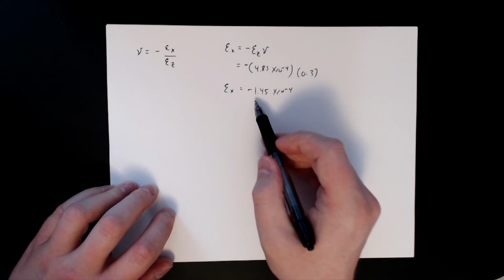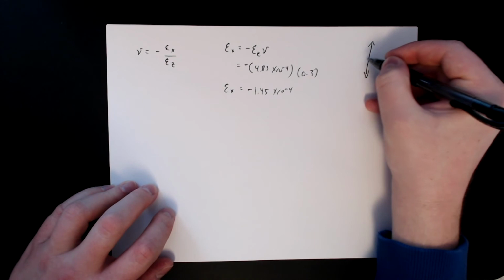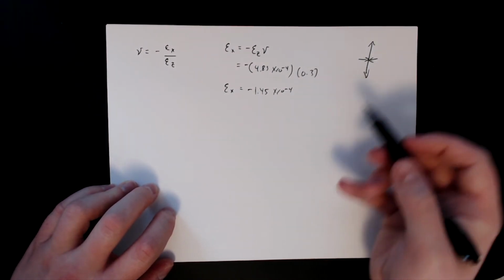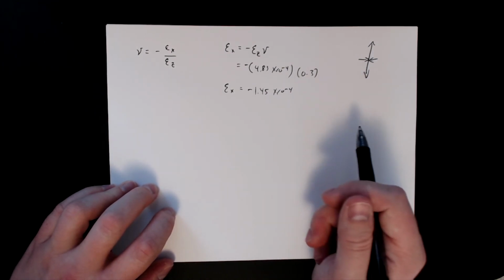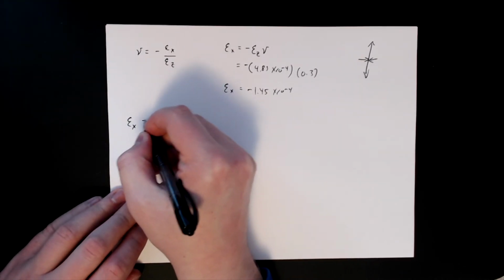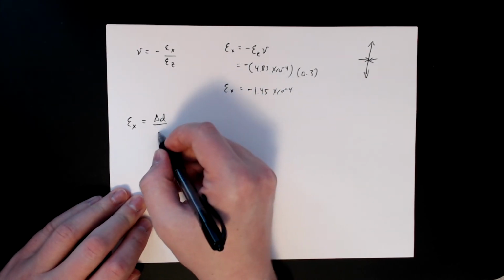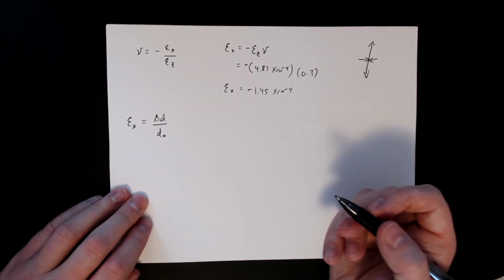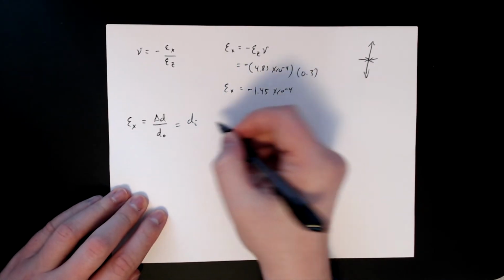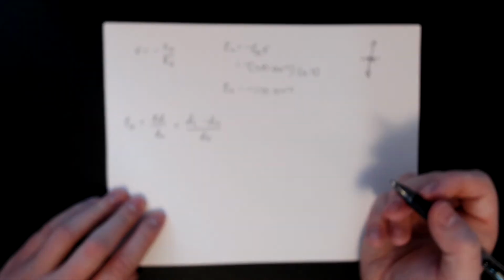And again, the negative here means that we have an axial extension and a lateral contraction, right? So the thing's getting longer, but it's also getting thinner, or less diameter. And so we can write the lateral strain as change in diameter over the initial diameter. That would mean the instantaneous diameter minus the initial or original over the original.